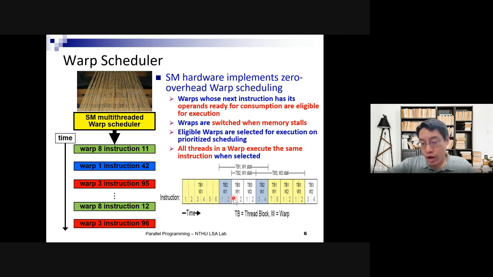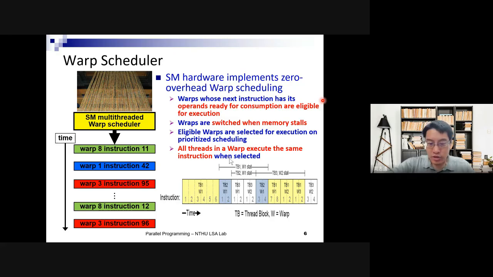Because we might run multiple blocks and multiple warps on a single streaming processor, the streaming processor will just context switch among those warps. We try to keep those SIMD processors busy and make sure we can utilize the computing power as much as we can.